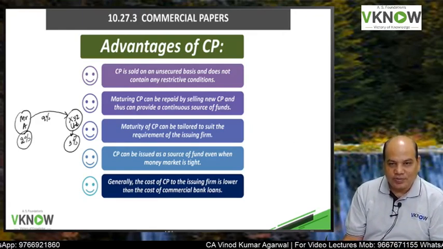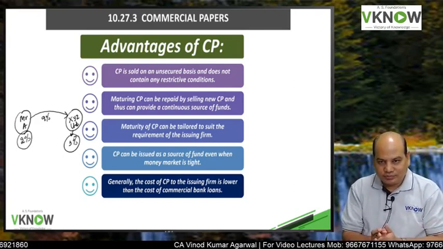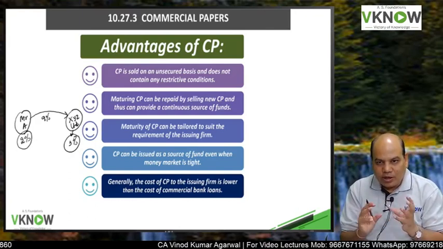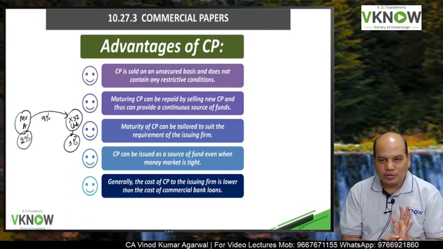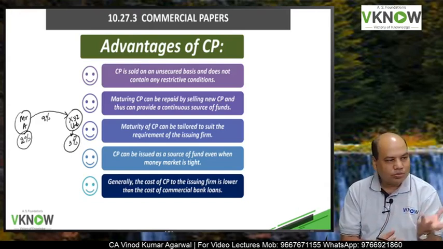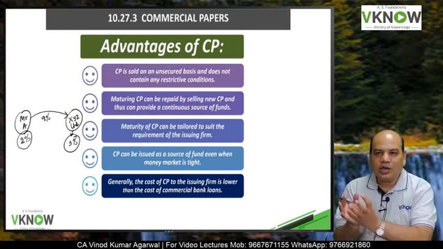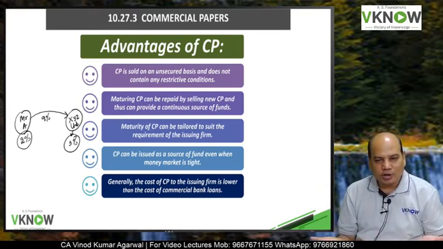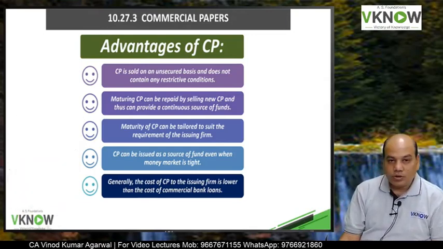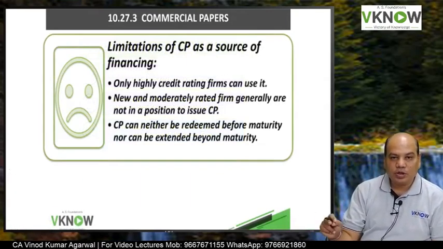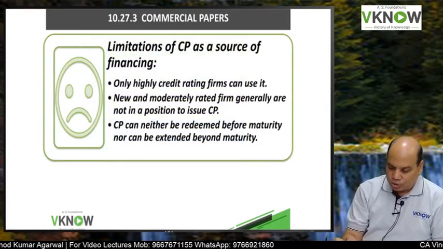This is just an example, but because you have eliminated the middleman, because the middleman will charge his income also, because the bank's role is to take deposits from people at a lower rate and lend it to corporates at a higher rate. Now you have eliminated the middle agency. So that is how the cost of commercial paper to a company is usually lower than a bank loan.